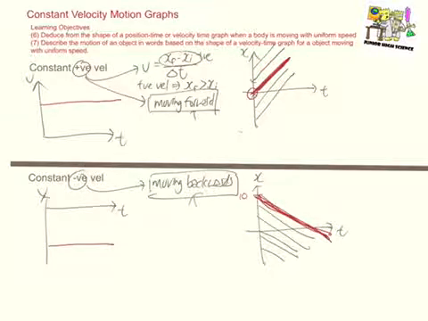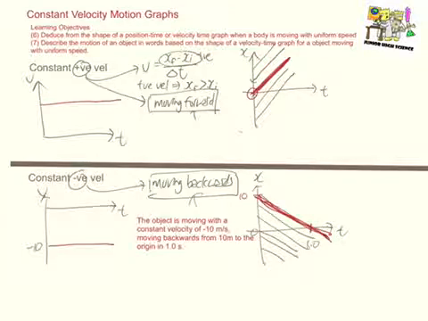Now, let's try giving some values to this graph over here. Say it takes 1 second for the object to move from 10 meters to 0 meters. This means that the speed of the object and the velocity of the object will therefore be negative 10 meters per second.